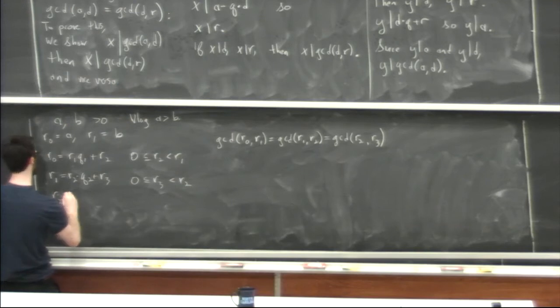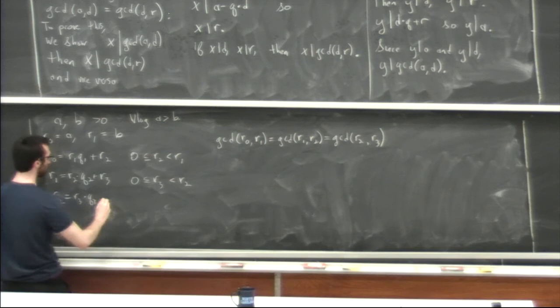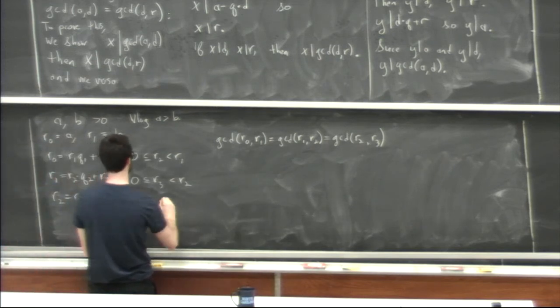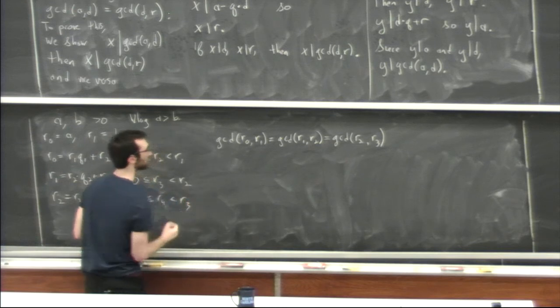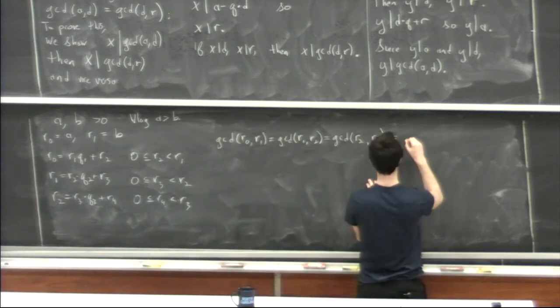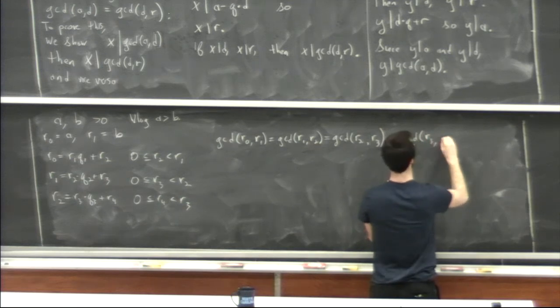And we repeat. Guess what? R2 is equal to R3 times Q3 for some Q3 plus R4, where 0 is less than or equal to R4 is less than R3. And I get another equality. The GCD of R2 and R3 is equal to the GCD of R3 and R4.